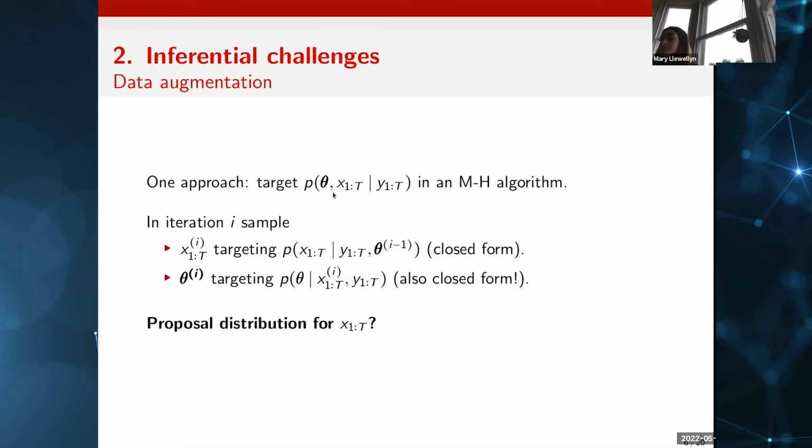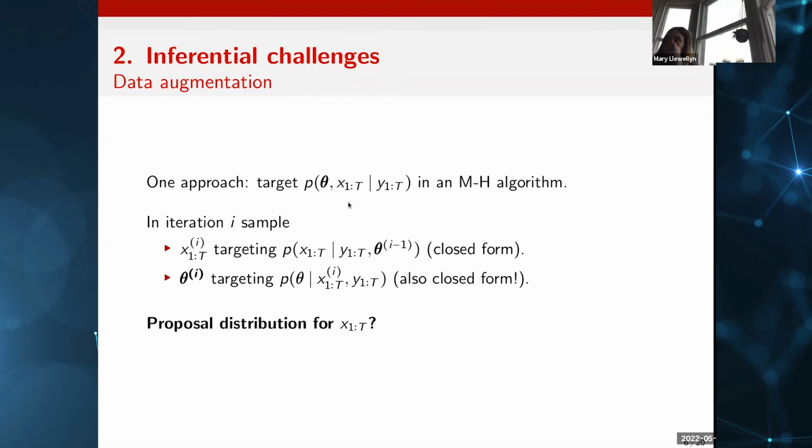And you can do that using a Metropolis-Hastings algorithm targeting the joint space induced by these. And then the deferred integration step comes in the form of marginalizing over the states at the end of the algorithm, once we've obtained our MCMC samples, by simply disregarding the samples for the state.